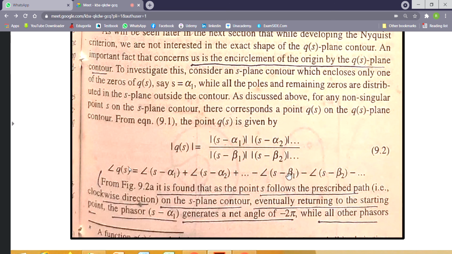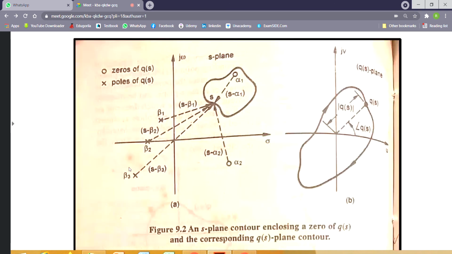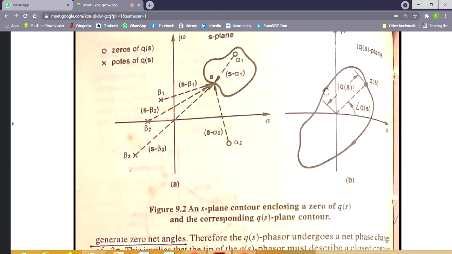So this time it will be an anticlockwise rotation. Yes, anticlockwise rotation means the QS plane contour will encircle the origin of the QS plane once in the counterclockwise direction.